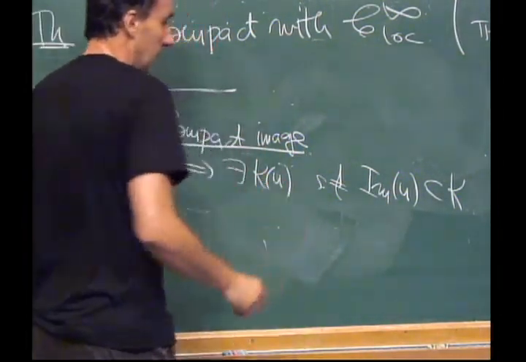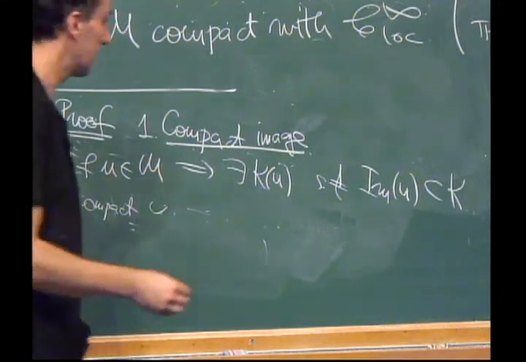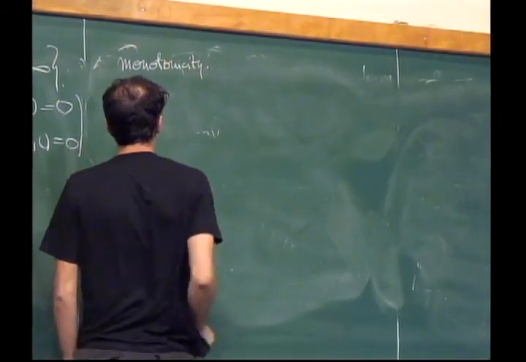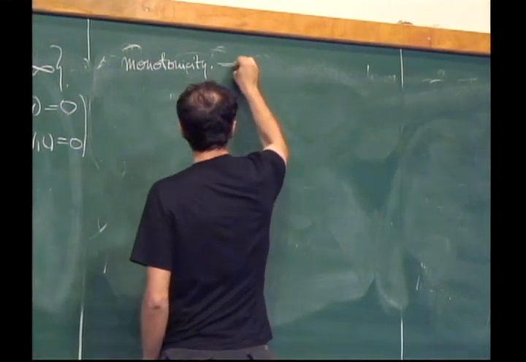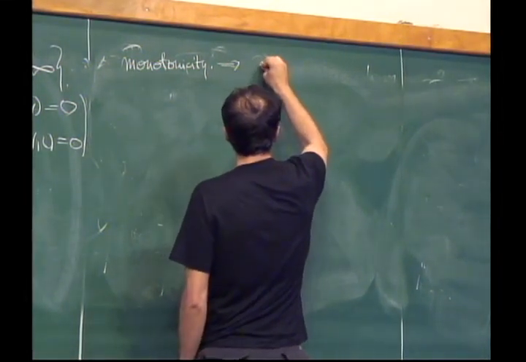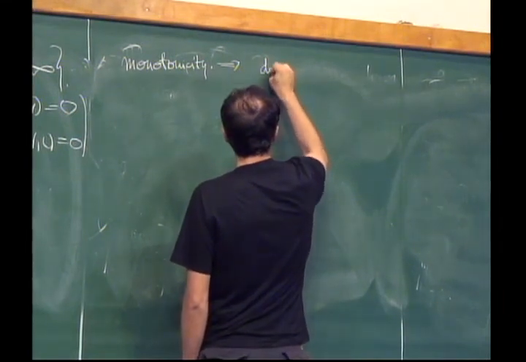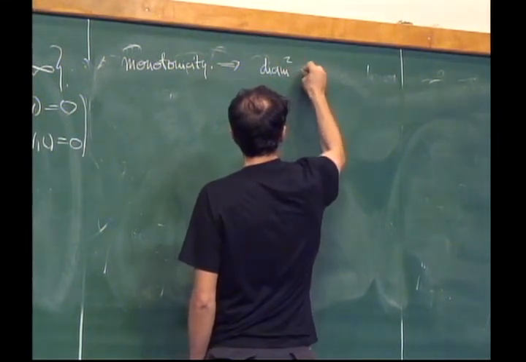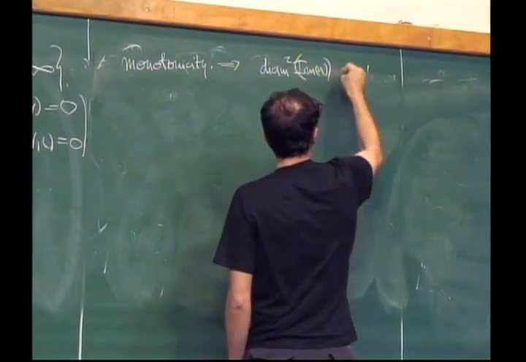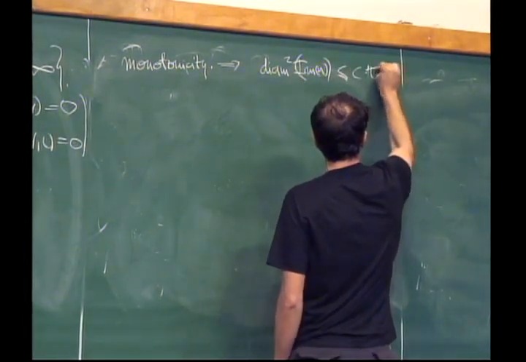So this is a consequence of a property of holomorphic curves, which is called monotonicity. Actually, this gives an inequality between the square diameter of the image of u and the energy.